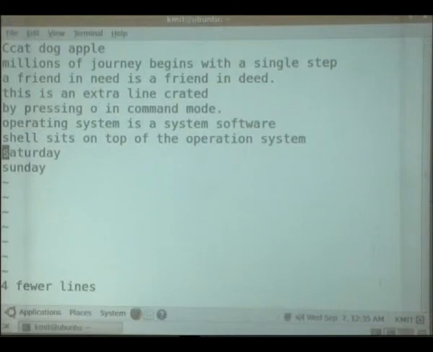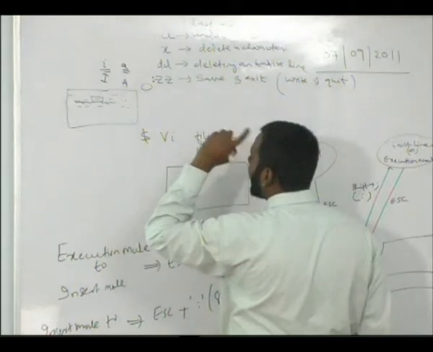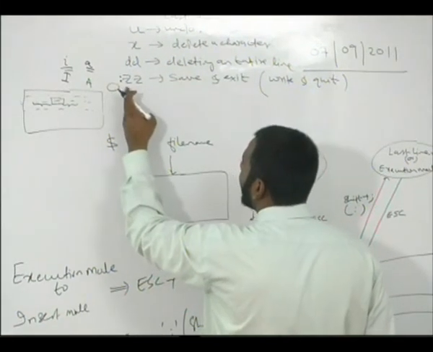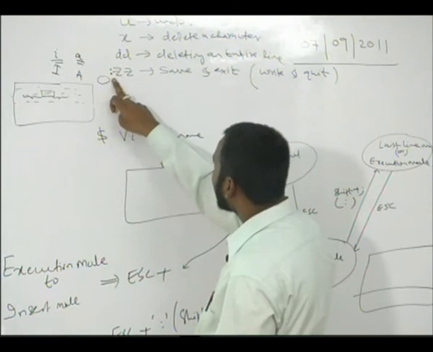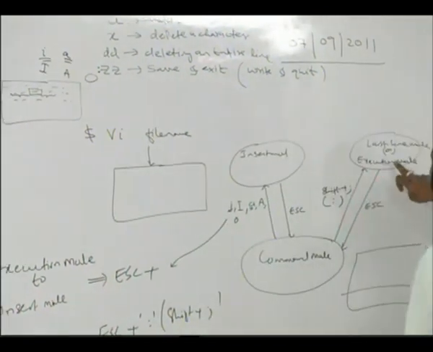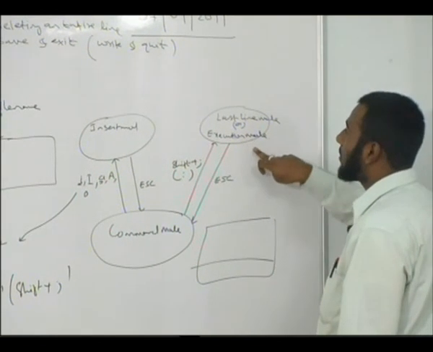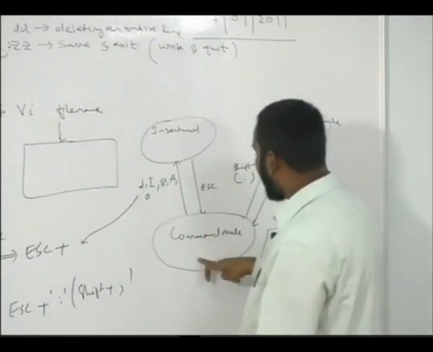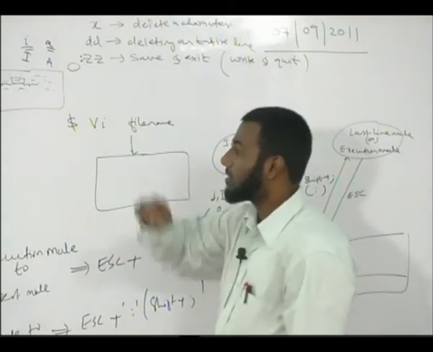Every command which is preceded by a colon is a command of execution mode. So ZZ is not a command mode command, it is an execution mode command. That's why I am putting ZZ.